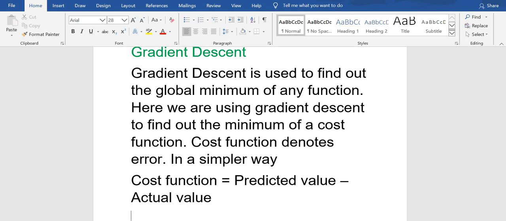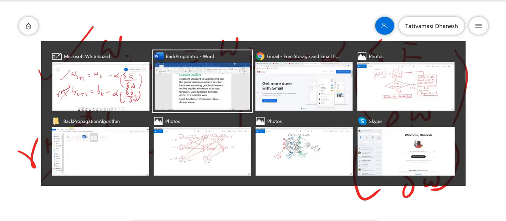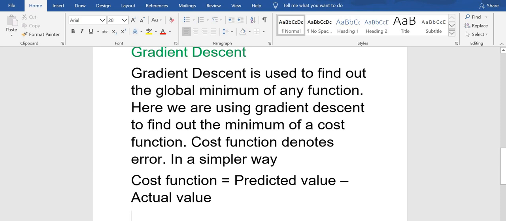The cost function denotes error, and the most important equation I have given in terms of sigma, predicted minus actual, the whole square. That equation also I have given you. So this is the introduction to the back propagation algorithm.